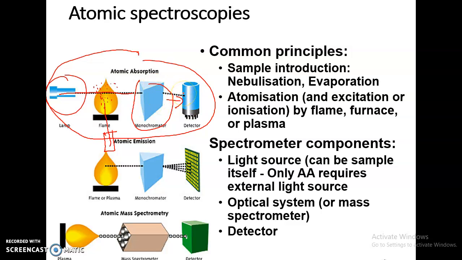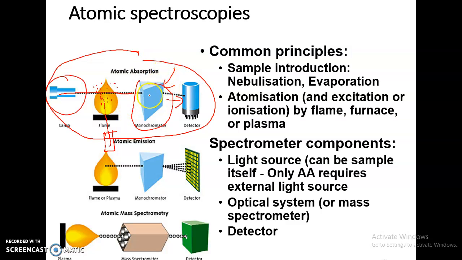In this schematic diagram, another biggest difference between UV-visible and AAS is that the monochromator is situated after the sample and flame, whereas in UV-visible, it is before the sample cuvette.